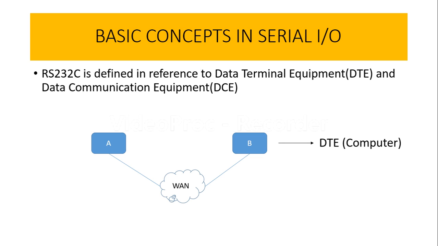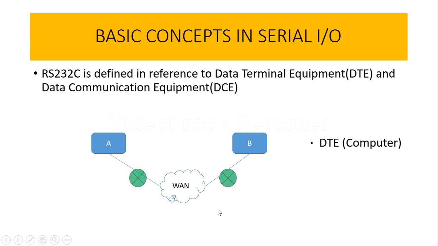Now here the DCE, or data communication equipment, as we know, is going to perform the function of signal conversion, that means parallel to serial and serial to parallel, and is placed between the DTE and the communication or data transmission circuit. That means between A, B and the WAN.